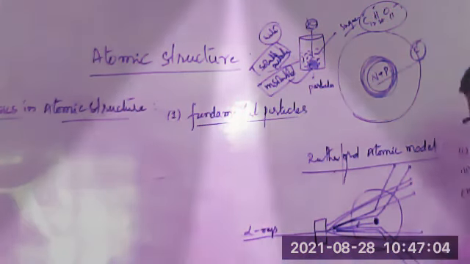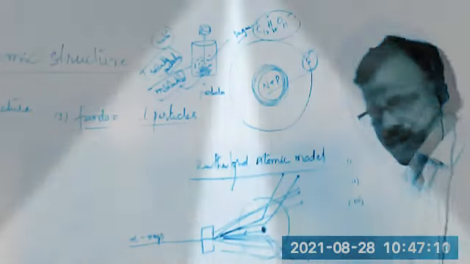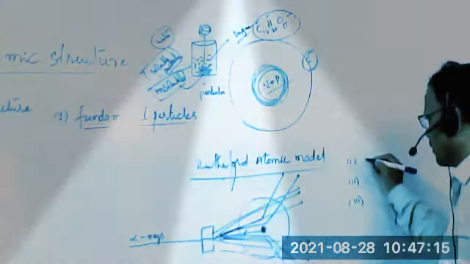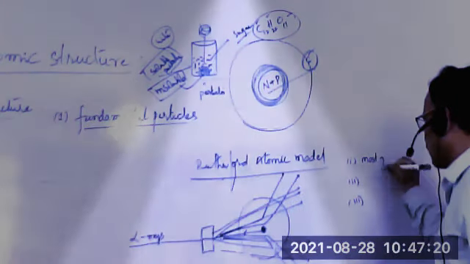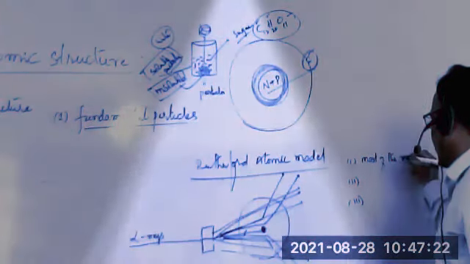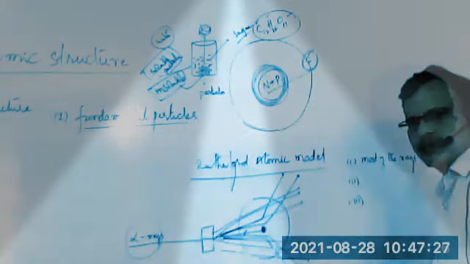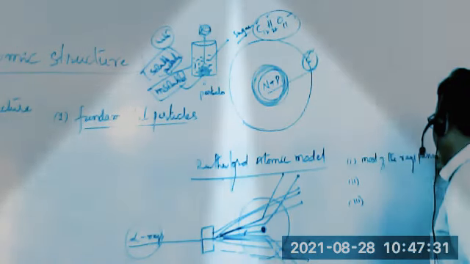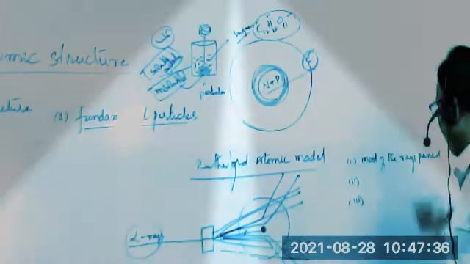Are you able to see this? I will adjust the camera. Here, the first one is three observations. One: most of the alpha rays passed through the gold foil.